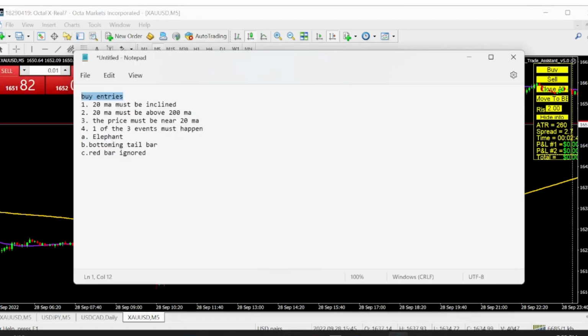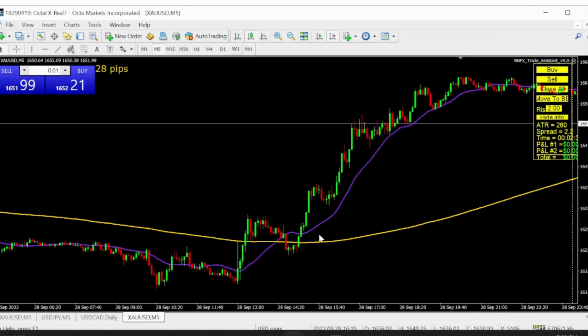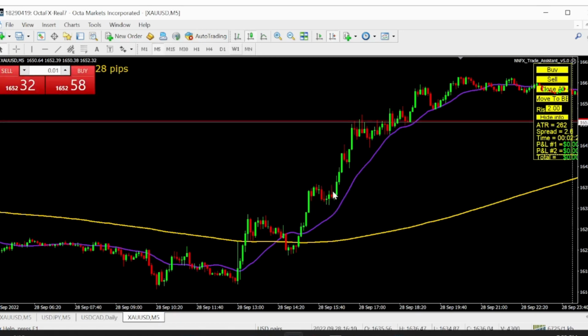Now rule number 3. The price must be near the 20 period moving average. Okay, so now let's find out where the prices are near the 20 period. So this is one position where the price is near. This is another area where the price is near the 20 period moving average.